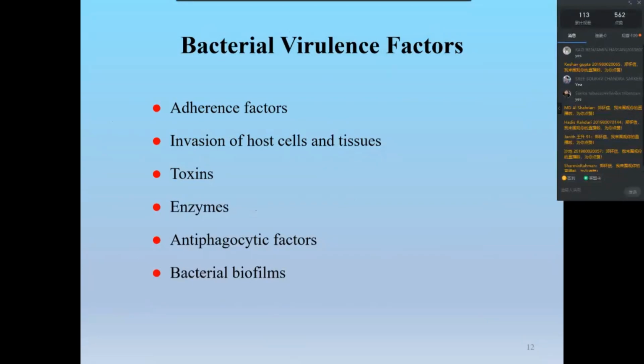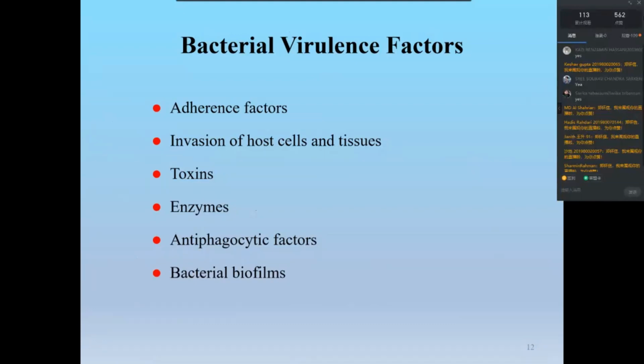We'll talk about the infection procedure from adherence to invasion to the molecules they produce, and some of them evolved the ability to inhibit phagocytosis. So these are the anti-phagocytic factors. Or some of them can form biofilm even in the host body. And these bacterial biofilms can also cause further infection. Now we are talking about those factors one by one.